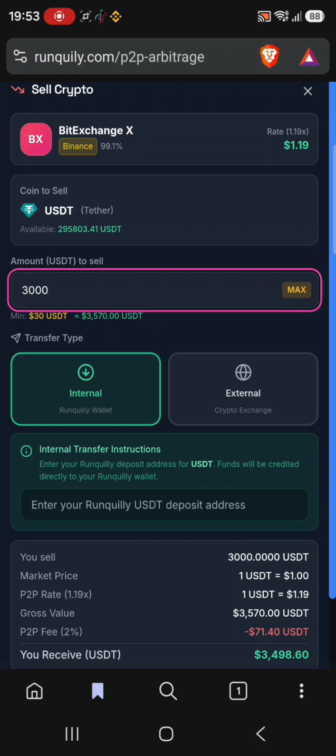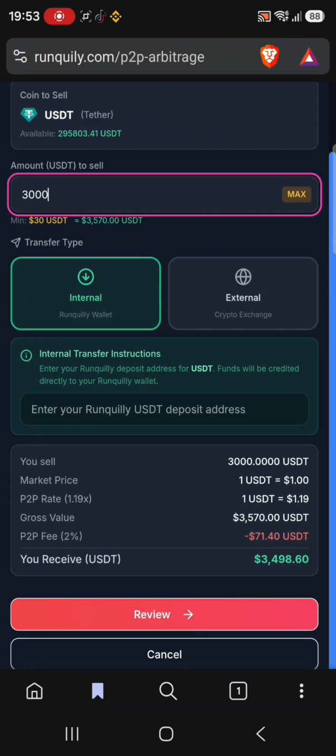You should be asking yourself, how do these people make this profit? This is trading cryptocurrency and fiat, but the reason we need Ranquilly is that it acts as a broker to convert the fiat for you to a cryptocurrency, but with a fee. So it doesn't convert for free.